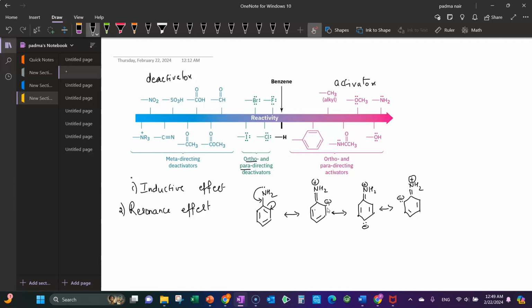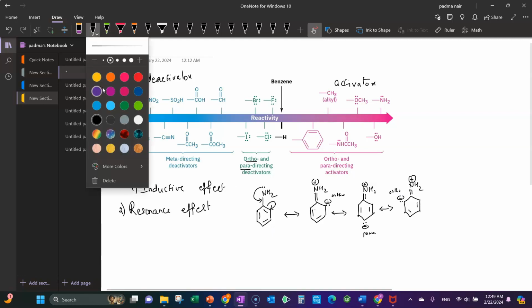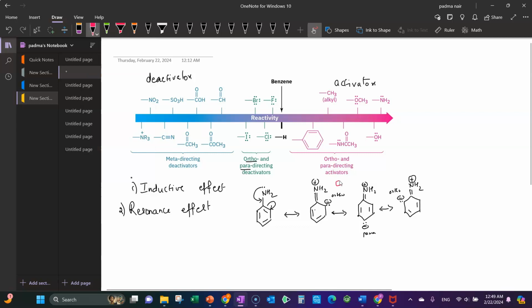And we can also say that they are ortho and para directors because you see the negative charge is residing at the ortho position and at the para position, right? See here it is at the ortho, the negative charge goes to the para and then back again to the ortho. So that means if you have an incoming electrophile which is positively charged, where do you think it would like to go?